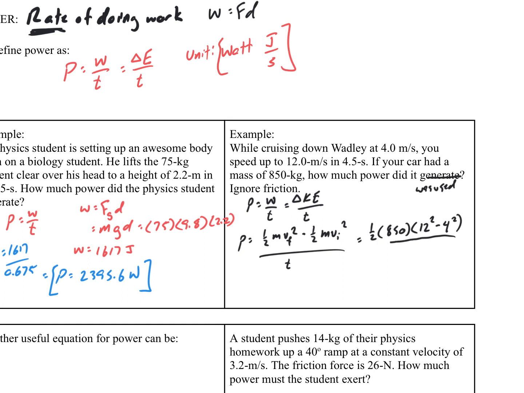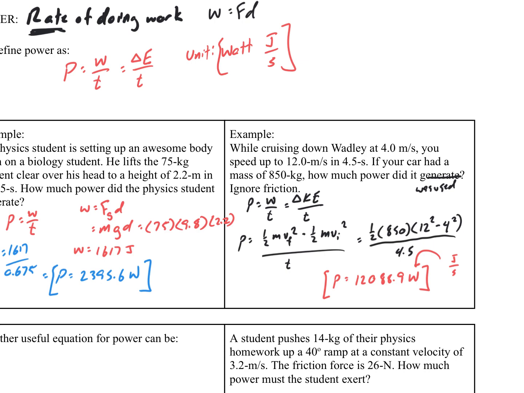It's just my kinetic energy factored. When I crunch my numbers, I get about 12088.9 watts used, right? You can also say a joule per second, but watts is the better way to do that.